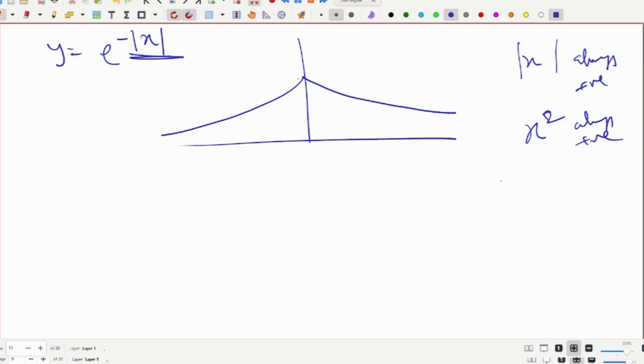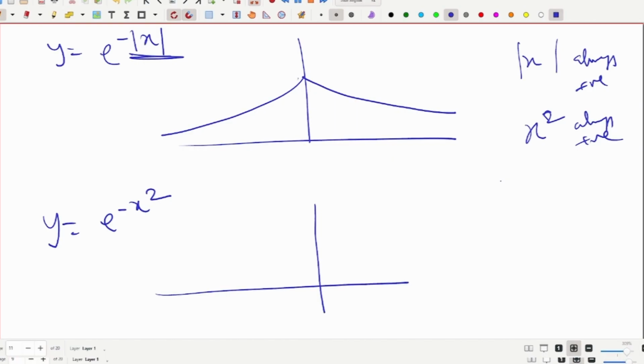Okay. And if I tell you, let us draw y is equal to e to power minus x square. Do not worry, we will use R console to draw these figures, these graphs, in coming times. But first let us get the theory basics. So, the shape will be a little different, but it will be symmetrical.